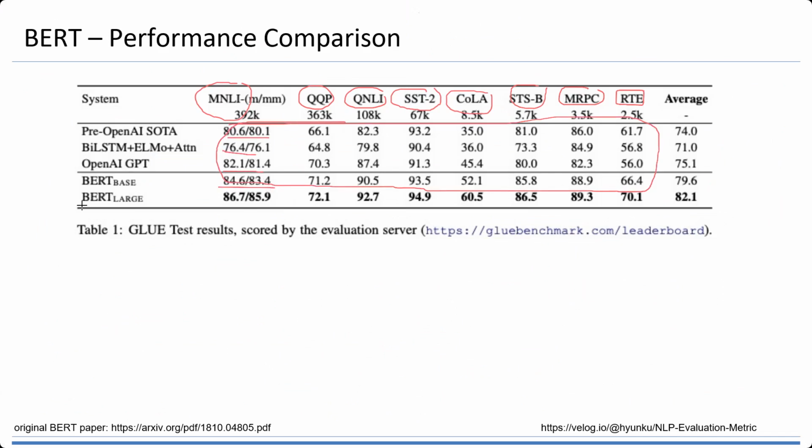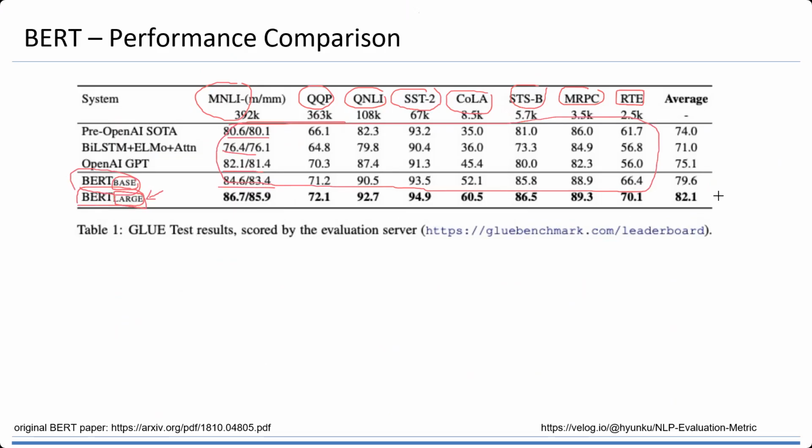So you can see there are two kinds of BERT. The first is BERT base, and the second one is BERT large. BERT large means this is BERT with a larger model.